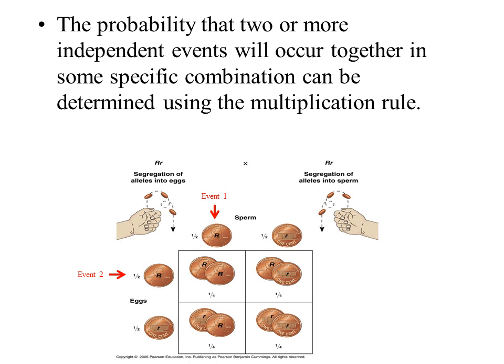We're going to use the multiplication rule. Event 1 is a 1/2 chance to get a big R. Event 2 is a 1/2 chance to get a big R. So event 1 and event 2 is going to produce that individual that's in that box. If we look at a different box, we'll have to use event 3 and event 4 and 5, 6, and so on. So let's just look at that first box.